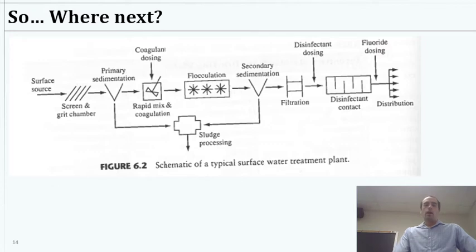Okay, so as I mentioned, that's essentially the primary sedimentation, or the basics of sedimentation in general.